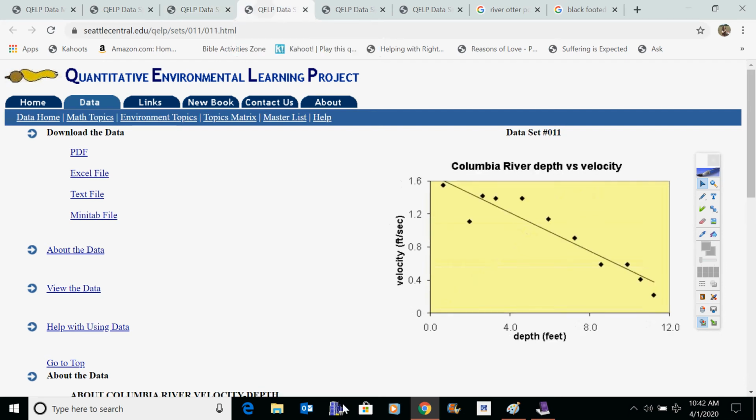Here's another one where, when you look at this data, this is interesting, the depth of the river versus how fast the river is going. So what you find is that as the river got deeper, the speed of the river got slower and slower, so this is an example of a negative relationship. Notice that there's this line drawn in here.